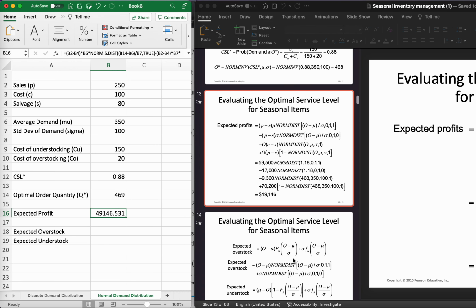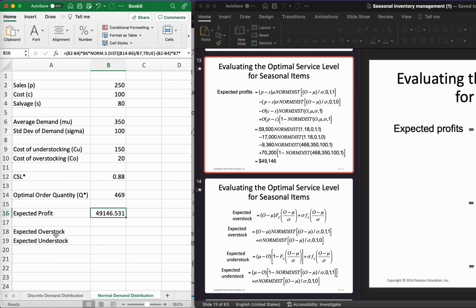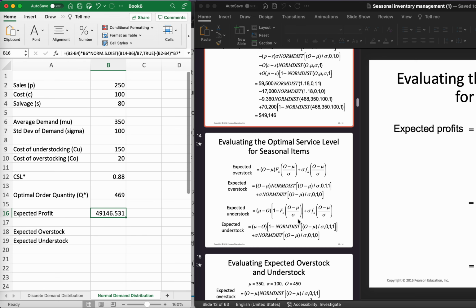So now let's calculate the expected number of units that you overstock by and the expected number of units you understock by. So the formulas are here. It's going to take a couple of seconds. So I'm going to quickly type in the formulas, which will be Q minus mu times NORM.S.DIST. So this is the standard normal distribution.